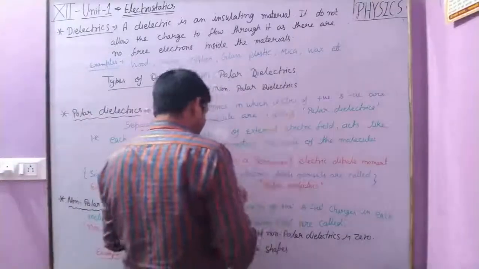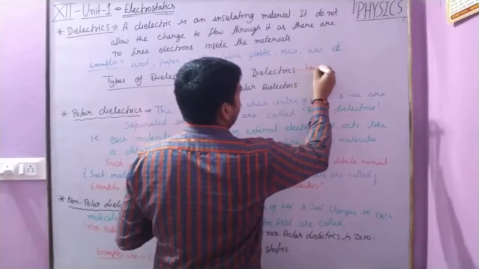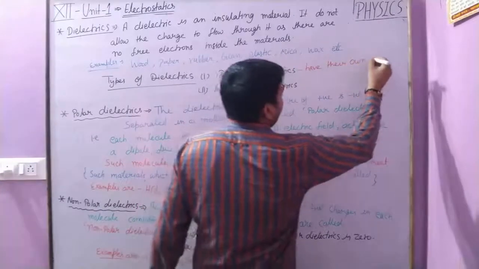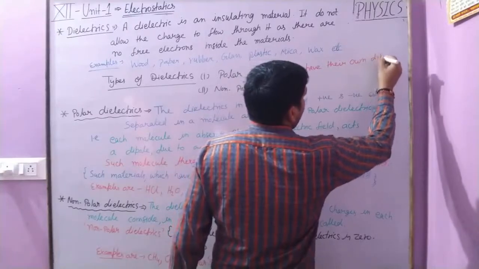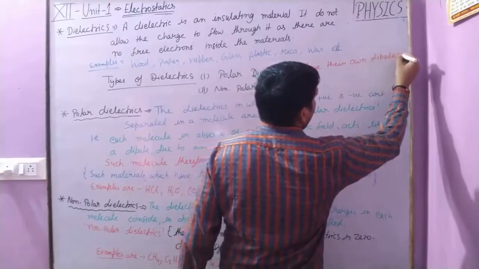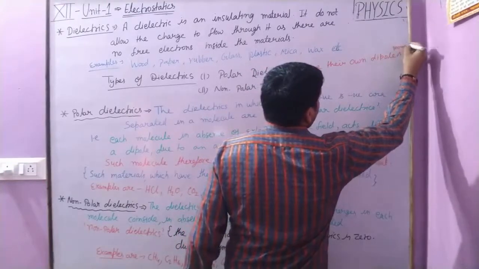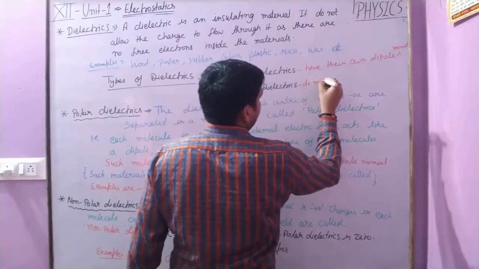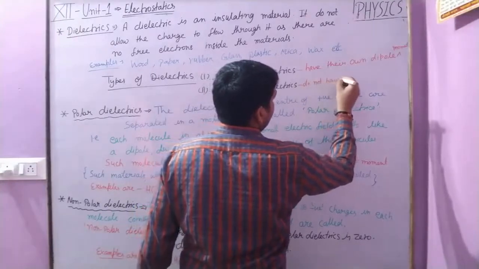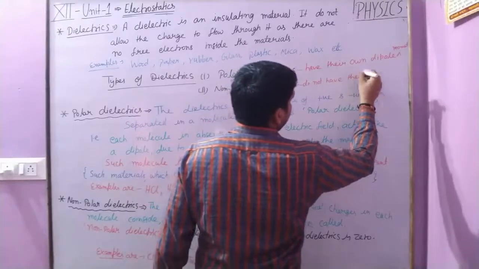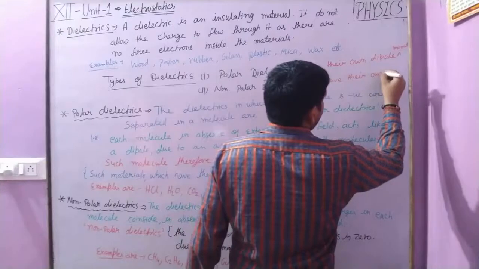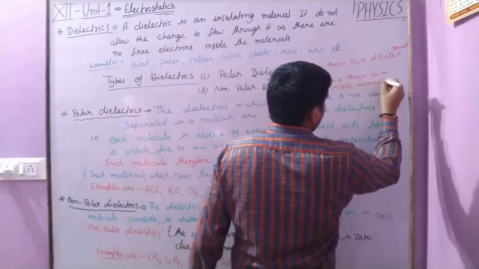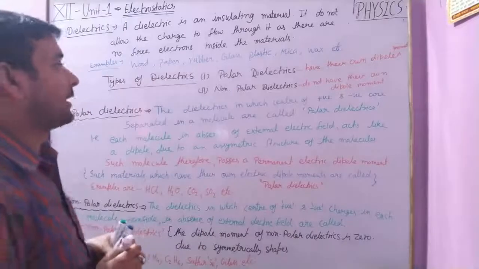Here just understand it in one line. Polar dielectrics have their own electric dipole moment, and non-polar dielectrics do not have their own dipole moment in the absence of an external electric field.